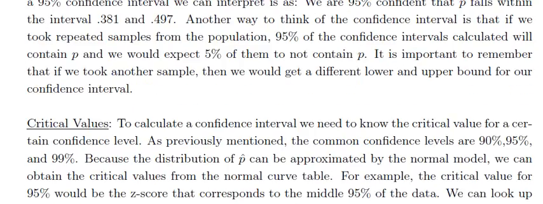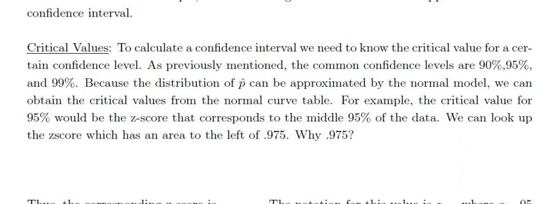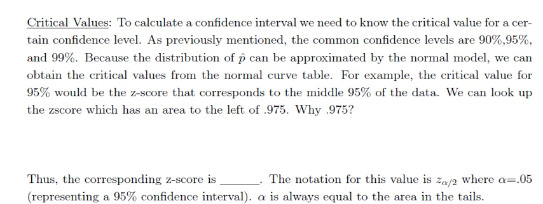Okay, so I'm going to just jump down here a little bit. So we need to know a critical value that comes from the normal distribution. And if we want to say calculate a 95% confidence interval, we want to get the z-score that represents the middle 95% of the data.